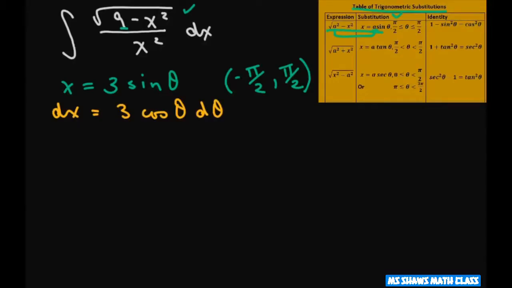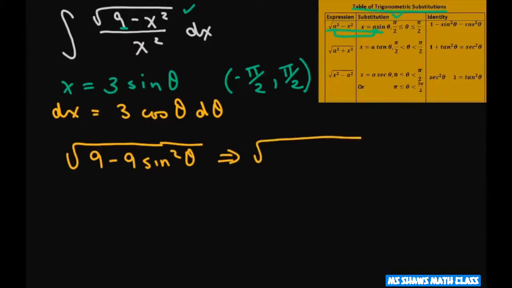Now, let's just look at the radical. If I substitute in my x, I'm going to get 9 minus 9 sine squared of theta. And if you factor out a 9, you get 1 minus sine squared of theta.